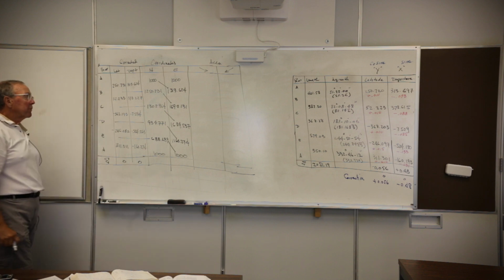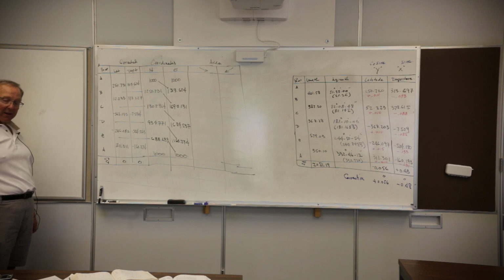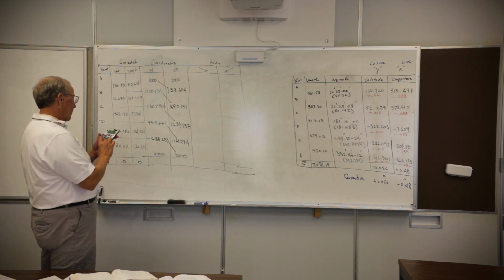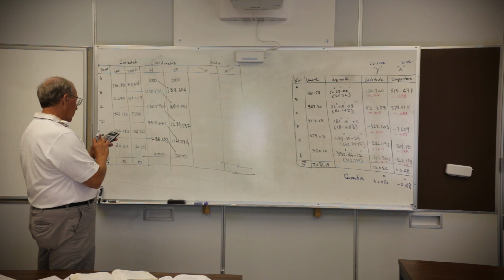There are 5 multiplications. Do down to the right and put them in the down-to-the-right column. So let's do it. 1,000 times 1313.604.